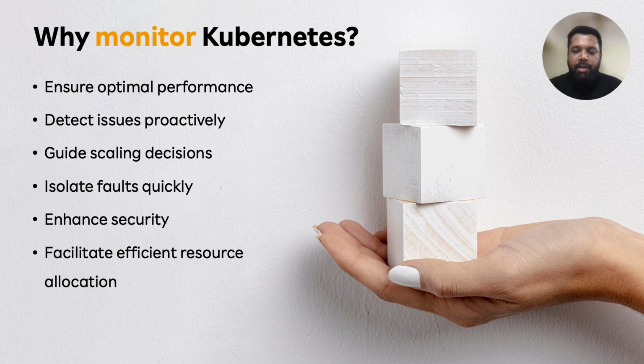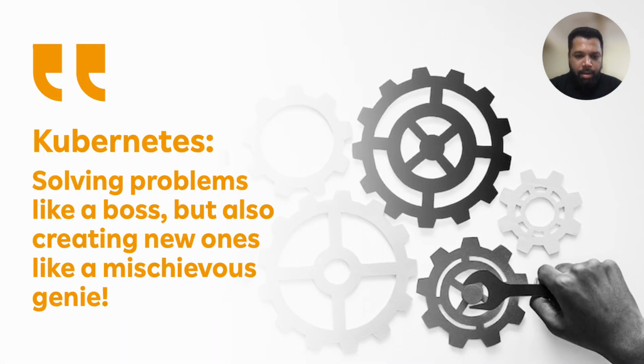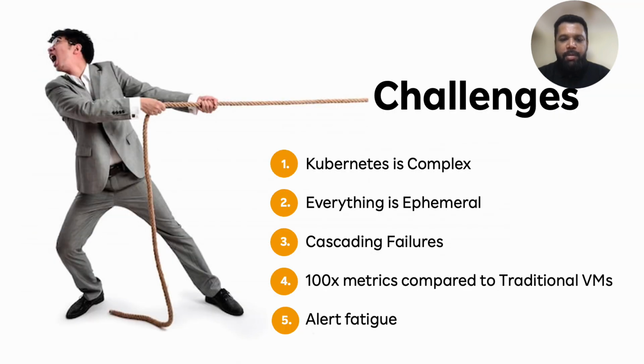What are the challenges involved in monitoring Kubernetes? As I'm saying here, Kubernetes solves problems like a boss, but also creates new ones like a mischievous genie. What does it mean? Kubernetes solves a lot of traditional issues, but along with it, it also comes up with new problems.